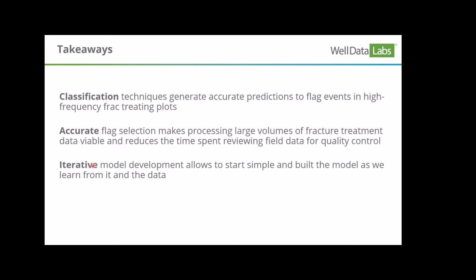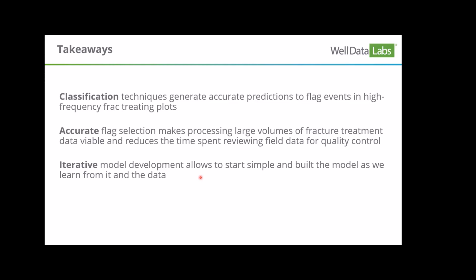And then finally, iterative model development allows us to start simple and build a model as we learn from it and the data. As I said before in one of the slides, start simple with some type of stages that will give you good accuracy, and then once you can retrain your model, add more and more of these stages that are not by-the-book stages.